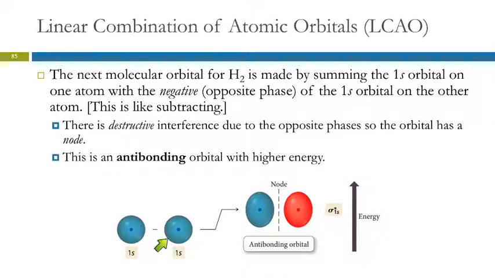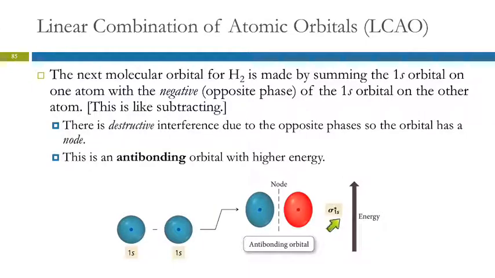And this would be the destructive interference. So destructive interference would cause the energy of this orbital to be higher. It's going to have a node between the two atoms, and we call this an anti-bonding orbital, because electrons going in here raise the energy of the molecule, which is not going to facilitate bonding.